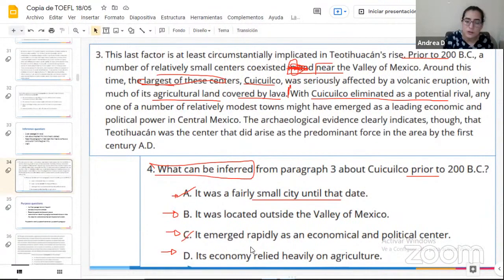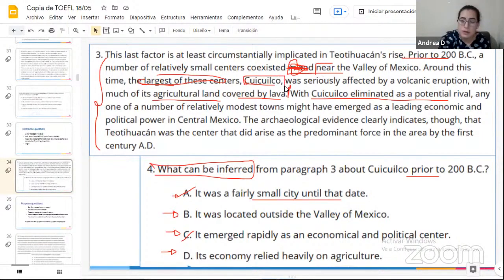Another tip that I could give you for this type of question is, when you're reading the entire paragraph, try to make a summary. Try to think about what's the most important thing that's being mentioned in the paragraph. In this case, it will be the volcanic eruption. We're talking about the volcanic eruption and Cuicuilco.